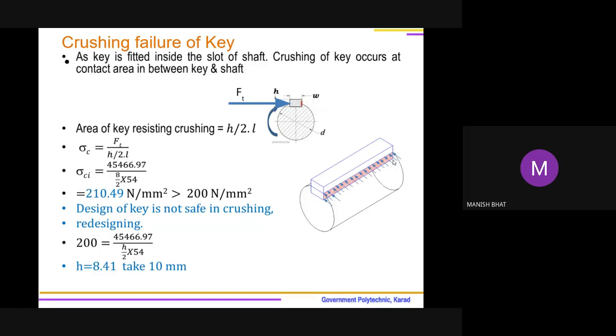So H comes out to be slightly more than selected, 8.41. So we will be accepting it as 10 millimeter. So see how we are in a position to redesign or enlarge the size. Height is enlarged. So it will now have height 10 millimeter.